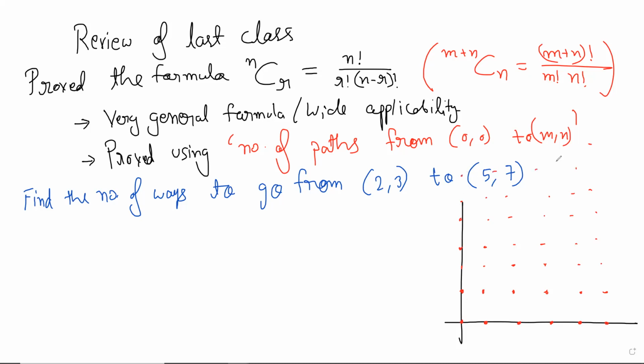So it will be somewhere like this. This will be 5,7. So that's 5 steps to the right and 7 steps up. And this is 2,3. So now we don't want to go from the origin, but we want to go from this point to this point. And how many ways are there to go? Everything else being the same, meaning you can move 1 step to the right or 1 step up at a given time.